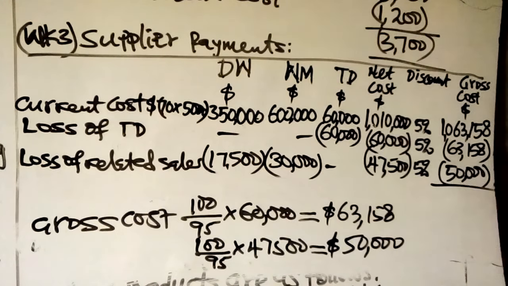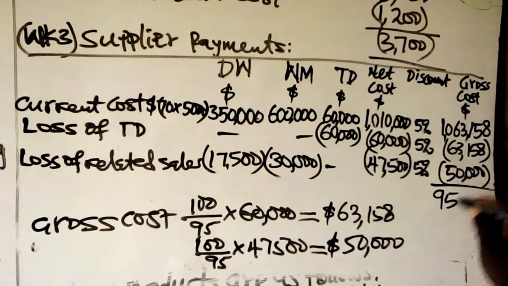So now the net amount will be, if you subtract from 1,063,158, 63,158 minus 50,000, then you have 950,000.